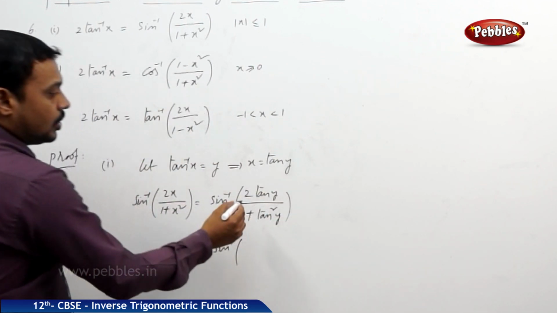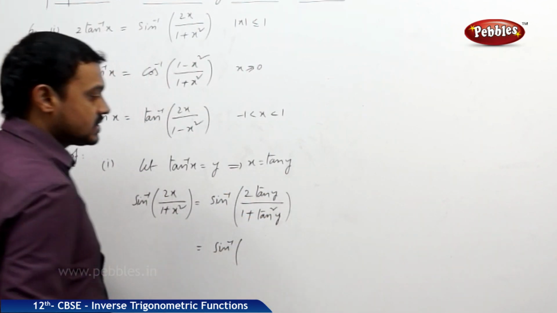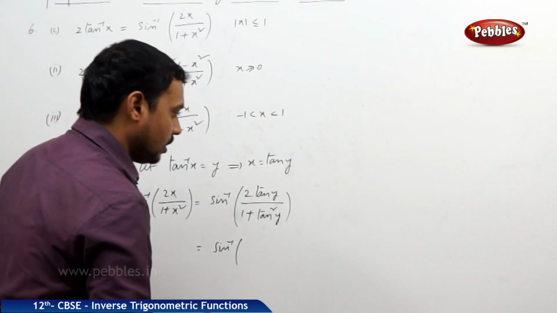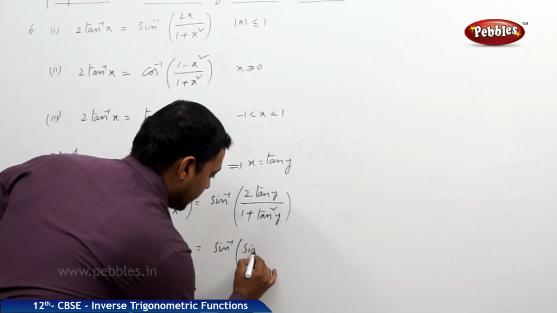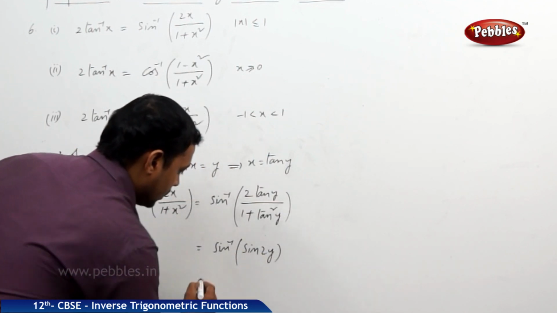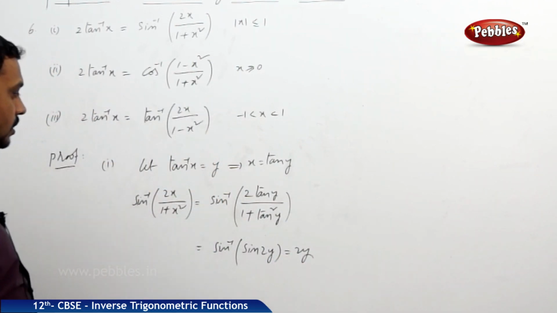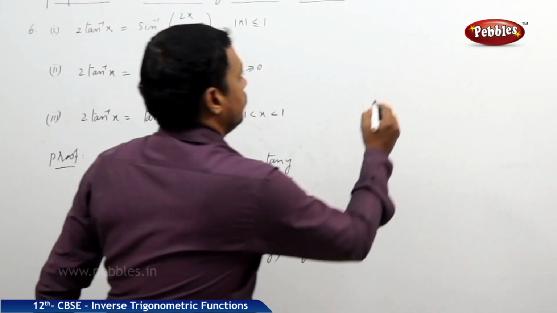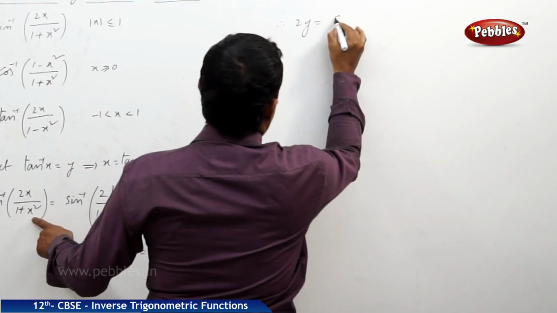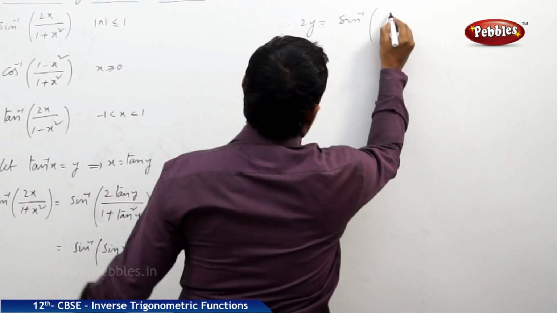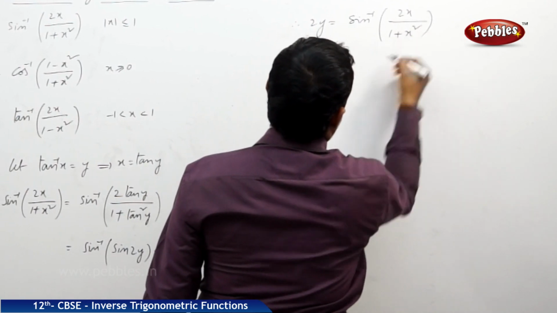Now remember, 2 tan θ by 1 plus tan² θ is sin 2θ. So 2 tan y by 1 plus tan² y is equal to sin 2y. Now this is equal to 2y. Therefore, 2y is equal to sin inverse of 2x by 1 plus x².